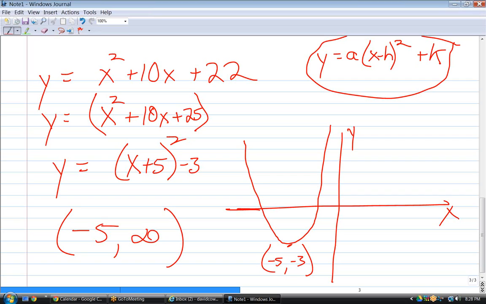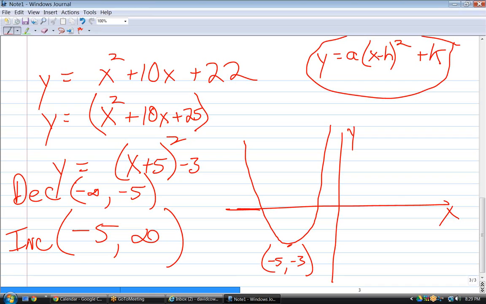Where is it decreasing? Let's talk about that, and then we'll talk about what's going on exactly at -5. That's where it's increasing. The next part of that question is, where is it decreasing? Negative infinity to negative 5?